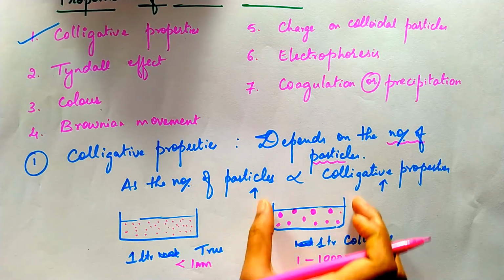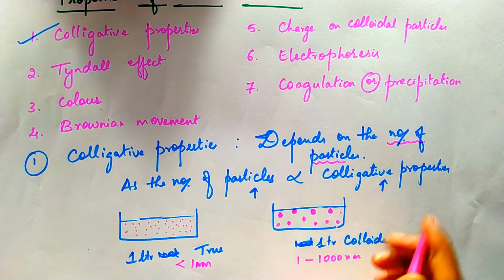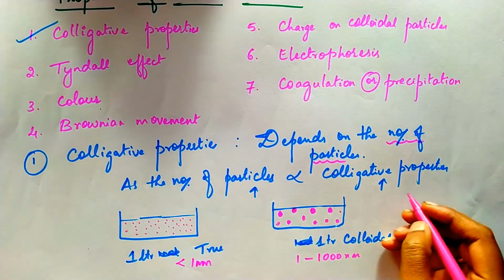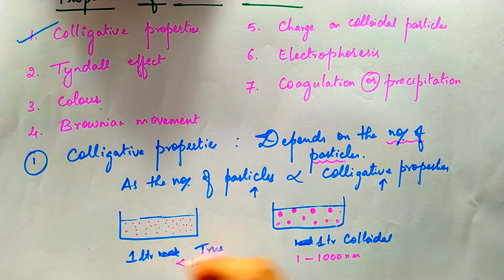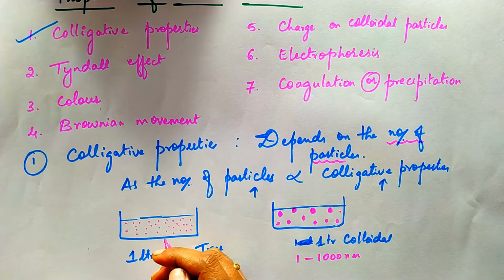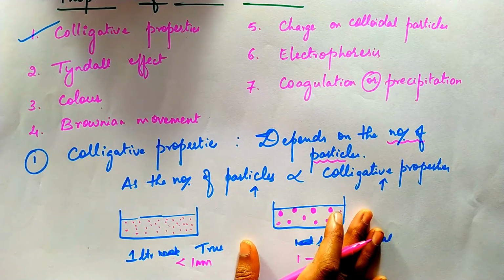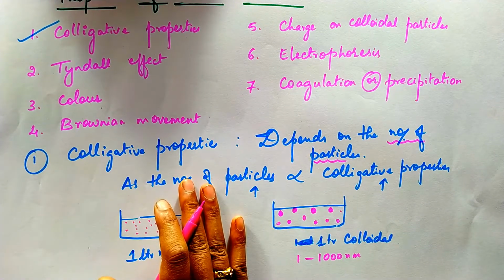So the number of particles in the colloidal solution is very small. So what we can say is that the colloid has fewer particles, therefore it shows less colligative property when compared to the true solution.